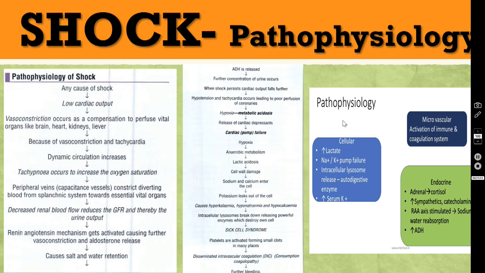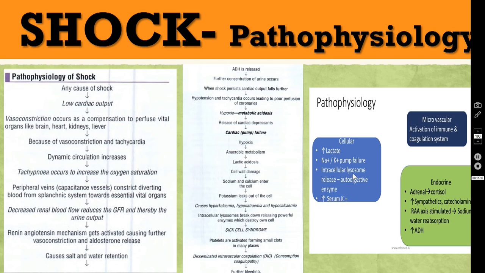So in summary, what is happening at the cellular level? There is increased amount of lactate because of anaerobic metabolism. The sodium and potassium pump fails. The intracellular lysosome is released, and it will release autodigestive enzymes. There will be cellular death.